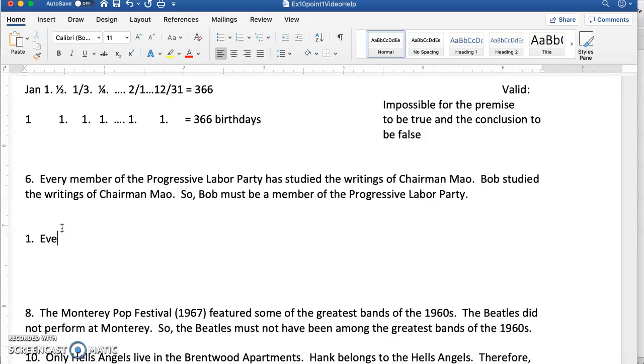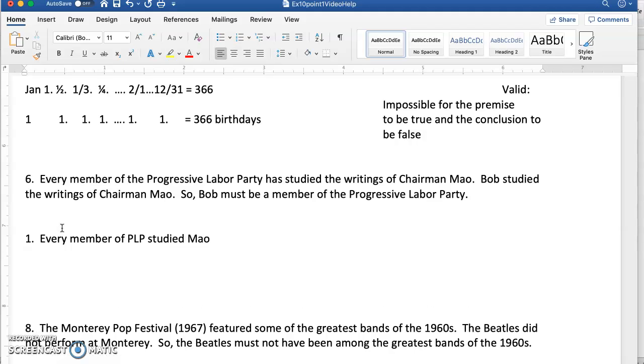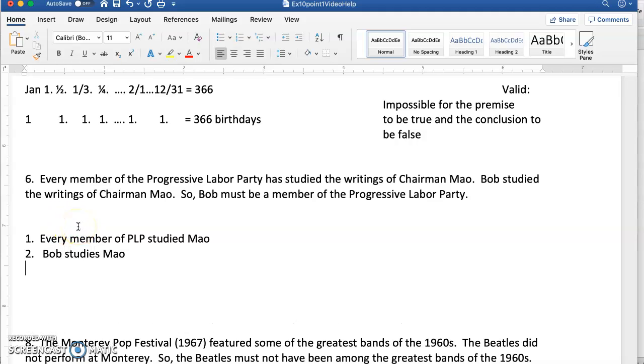Premise 1: every member of PLP studied Mao. 2: Bob studied Mao. Conclusion: Bob must be a member of PLP. Right, so that's the argument.